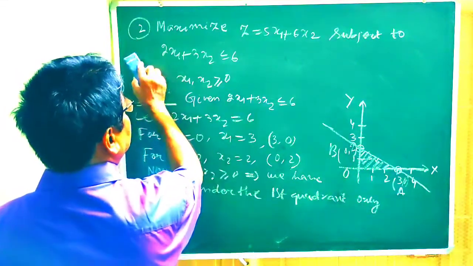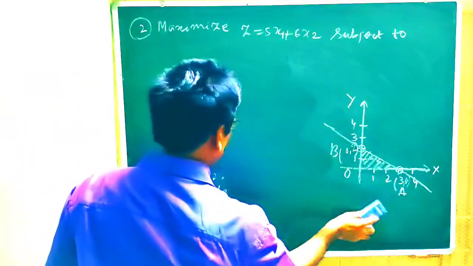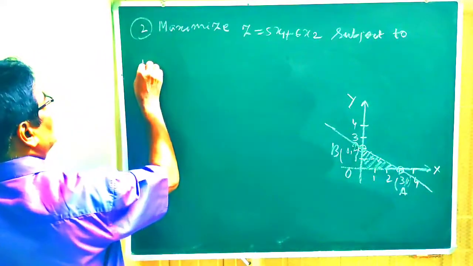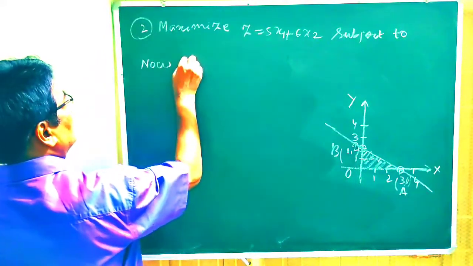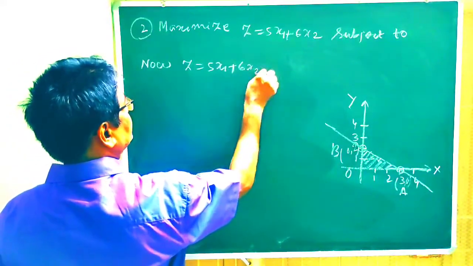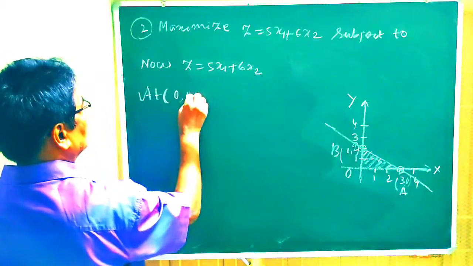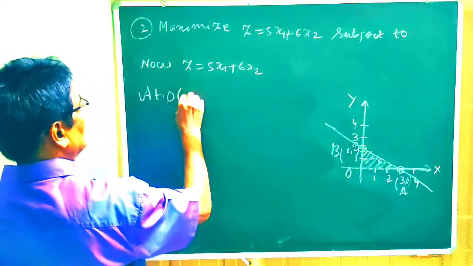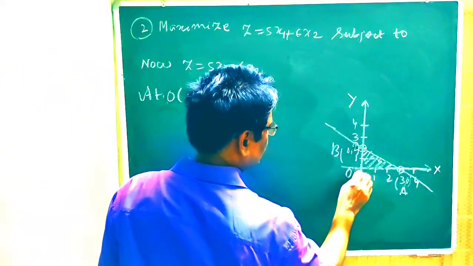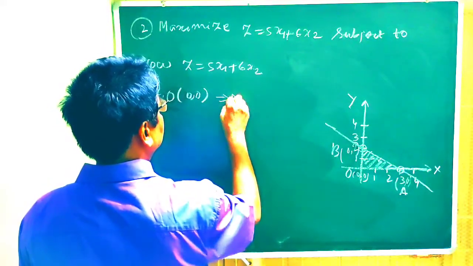So given Z is equal to 5x1 plus 6x2. At origin 0, 0, Z will be 0.